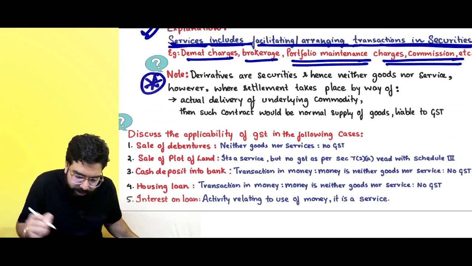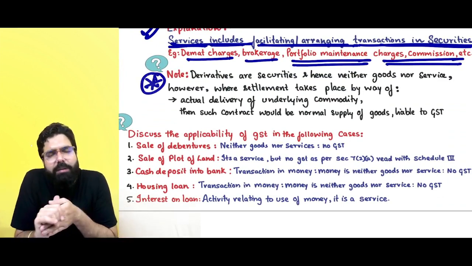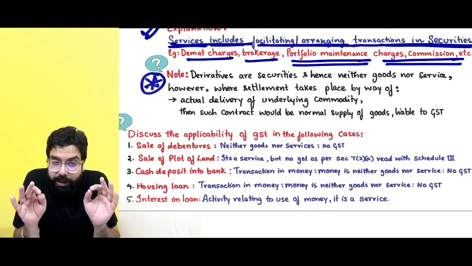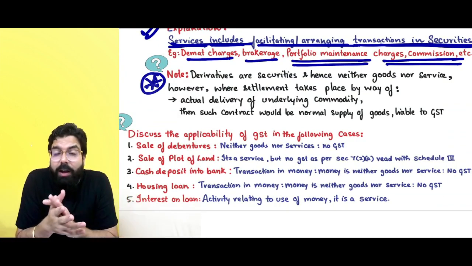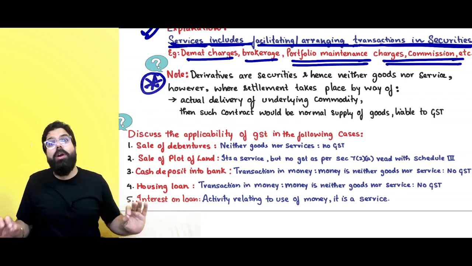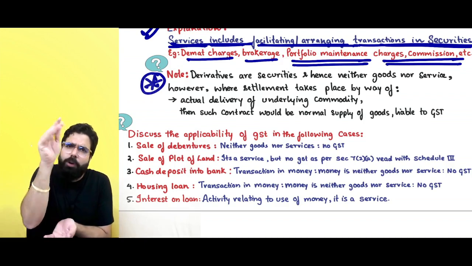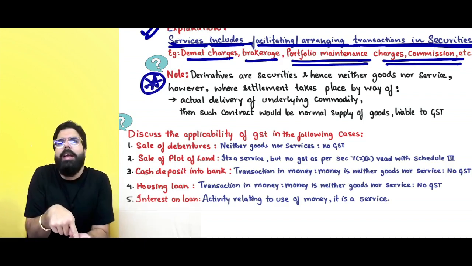Service includes facilitating or arranging transactions in securities, like demat charges, brokerage, portfolio maintenance charges, commission, etc. Always remember in the exam, if they tell you derivatives are always securities, they are neither goods nor service. However, a derivative is a document deriving its value from the underlying asset.